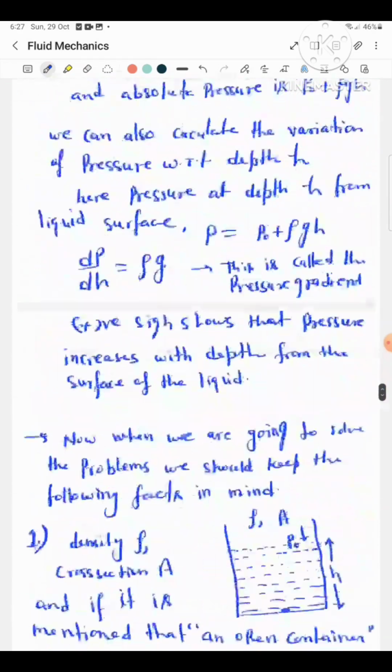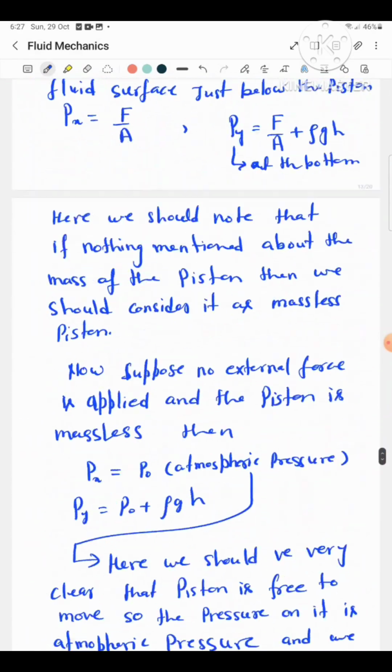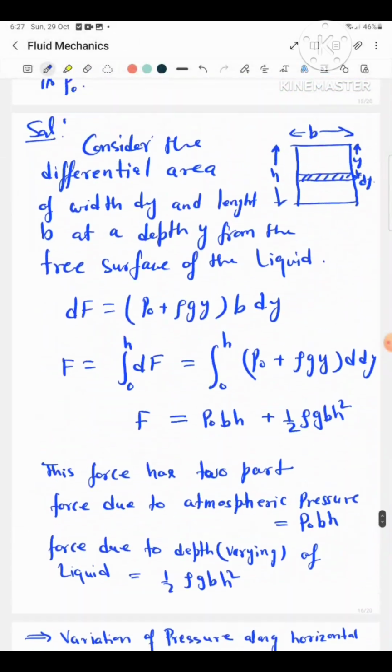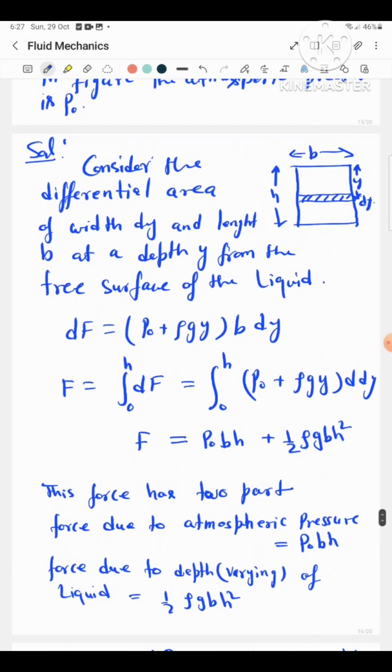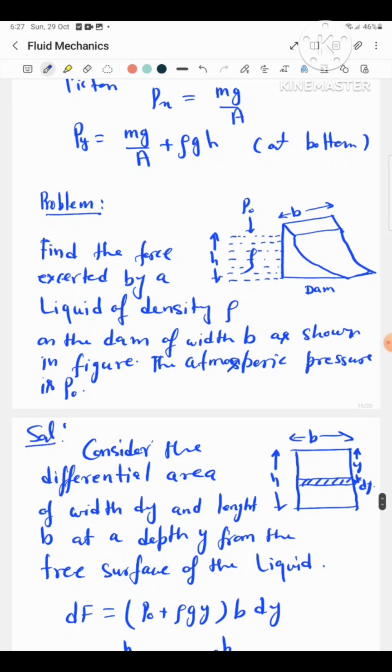But in this situation the force due to atmospheric pressure is P naught B h. So here we can also calculate the force separately and add the force due to the liquid height and the force due to the atmospheric pressure.